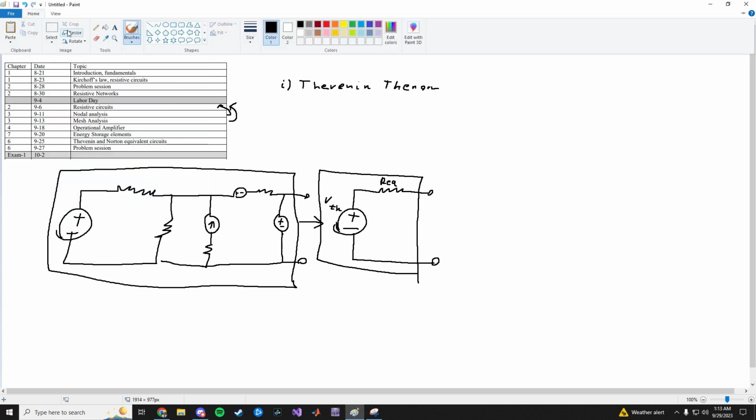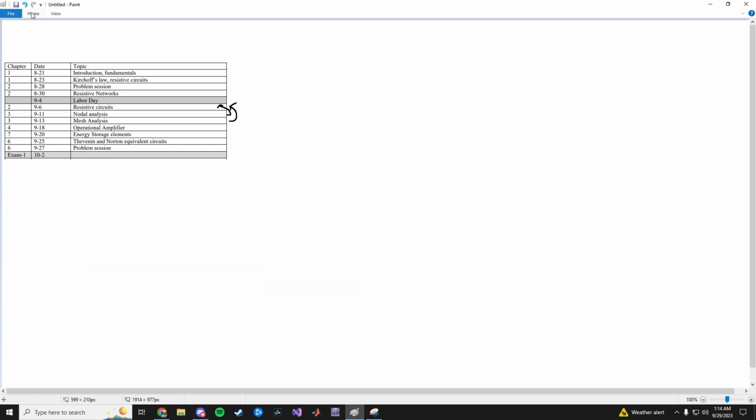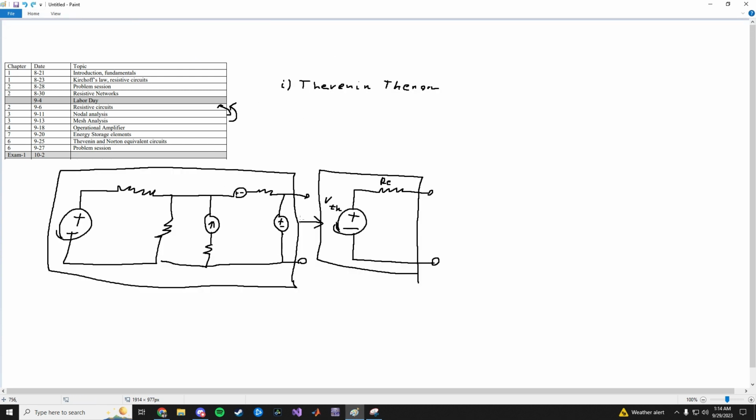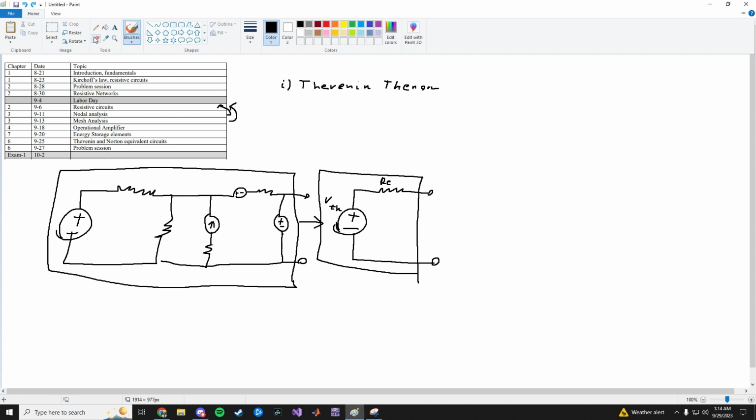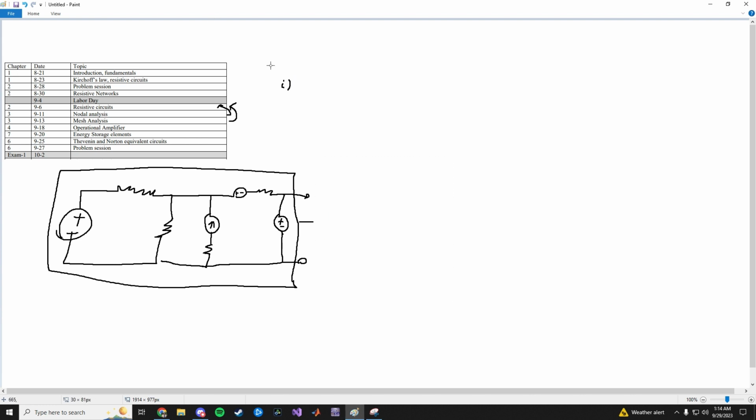Likewise, Norton's theorem is basically the same thing, but for a current source. So how does that look? Let's write it down.